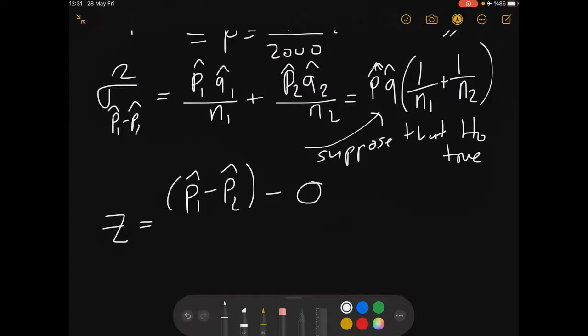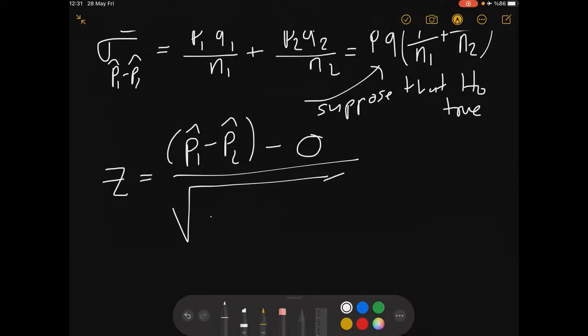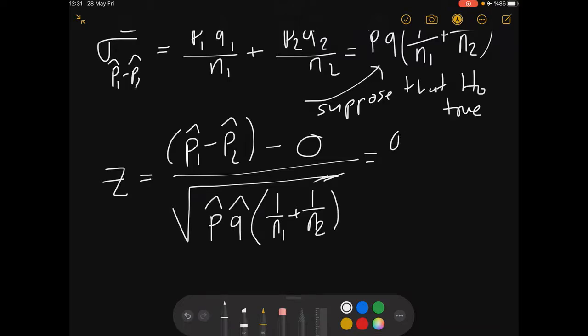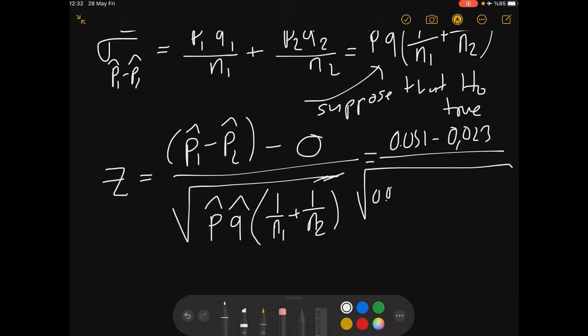All right, so when we put them in their correct positions in the formula, minus, okay, you assume that there's no difference here. So, of course, you need standard deviation, not the variance. P times Q with a hat, 1 over N1 plus 1 over N2. So that results in this one minus this, over the square root of 0.0375 times 0.9625.